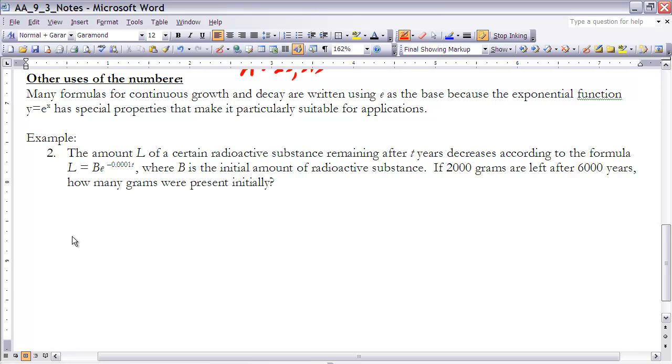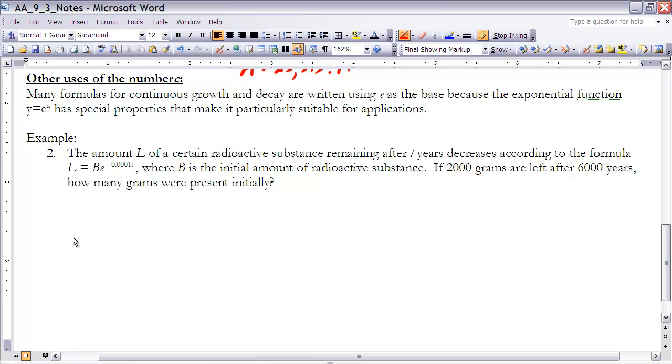The number e can be used in a lot of continuous growth situations. Many formulas will use e in them because the exponential function y equals e to the x has some properties that are very suitable to a lot of applications. Let's take a look at an example.